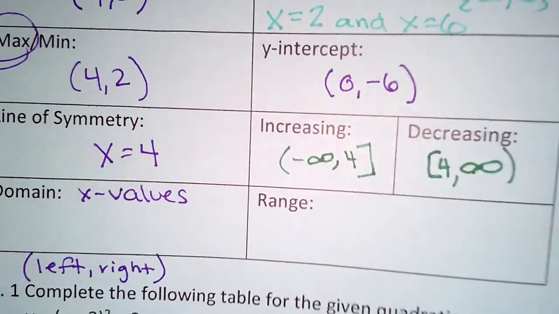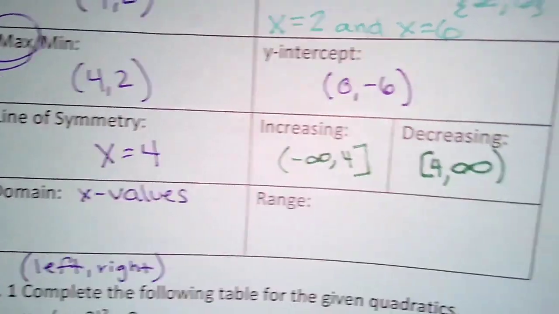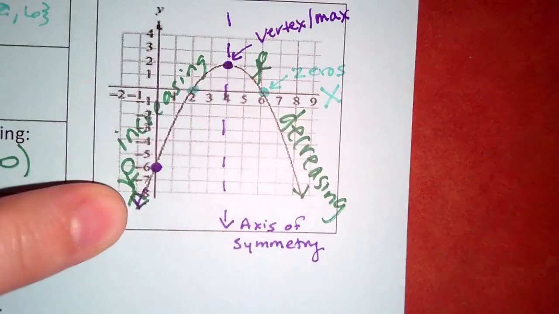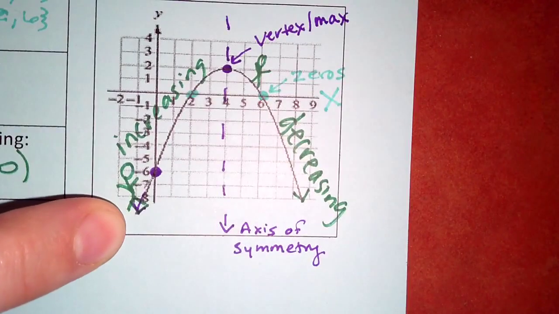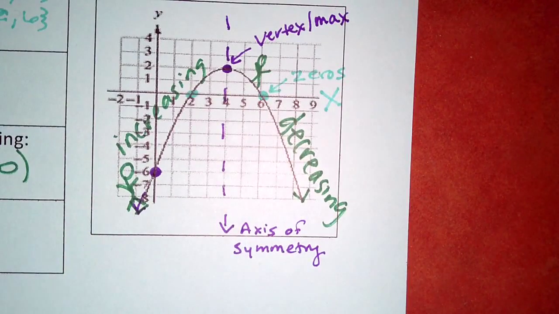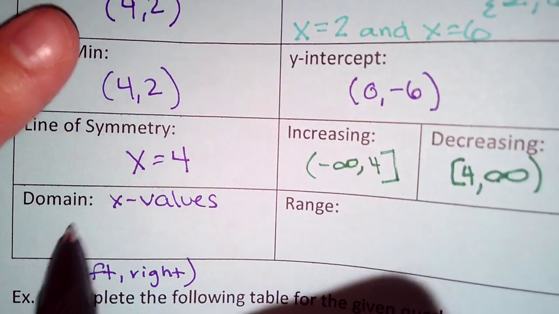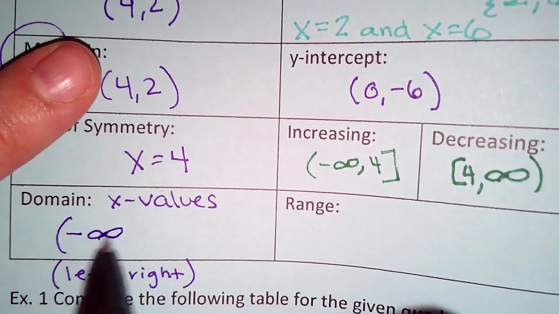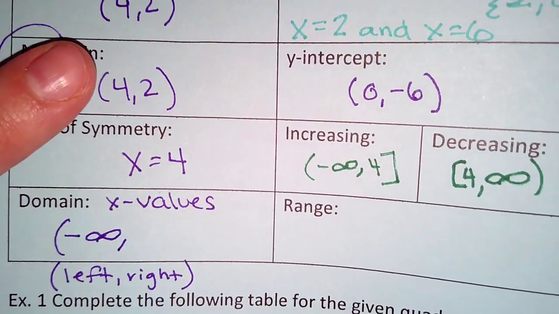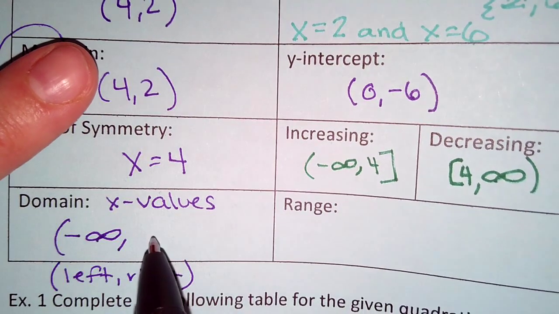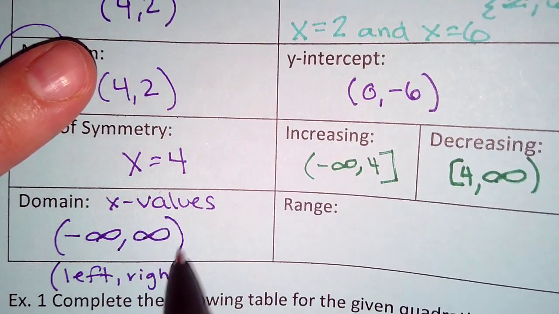When I come in from the left side on my graph, I see this arrow. That means it's going to keep getting wider to the left forever. So negative infinity is where our domain starts. And if it goes to the right forever, it goes to positive infinity.